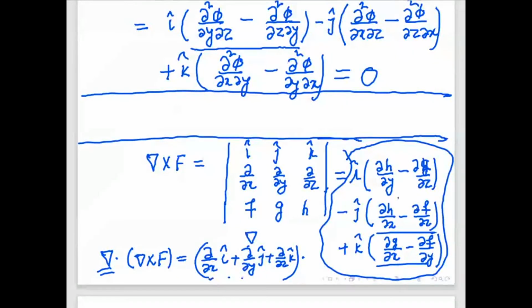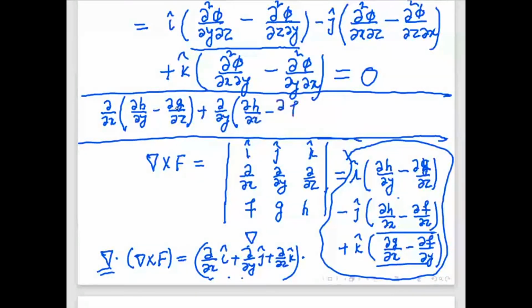So this dot product with this will give del by del x of del h by del y minus del g by del z, plus del by del y of del h by del x minus del f by del z, plus. Sir, in the middle one, it will be minus. Yes, sir, I will change it. Yes, the middle one is minus.